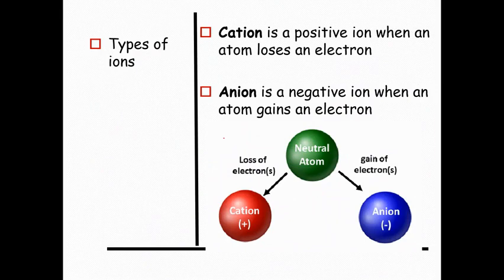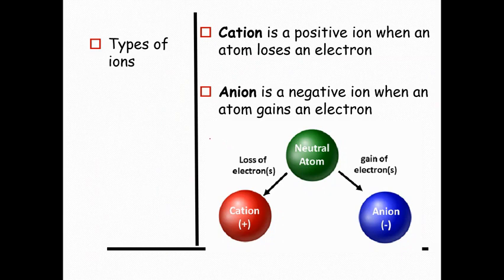A couple of ways that we get these ions. Cation is a positive ion when an atom loses an electron, and an anion is a negative ion when atoms gain electrons.